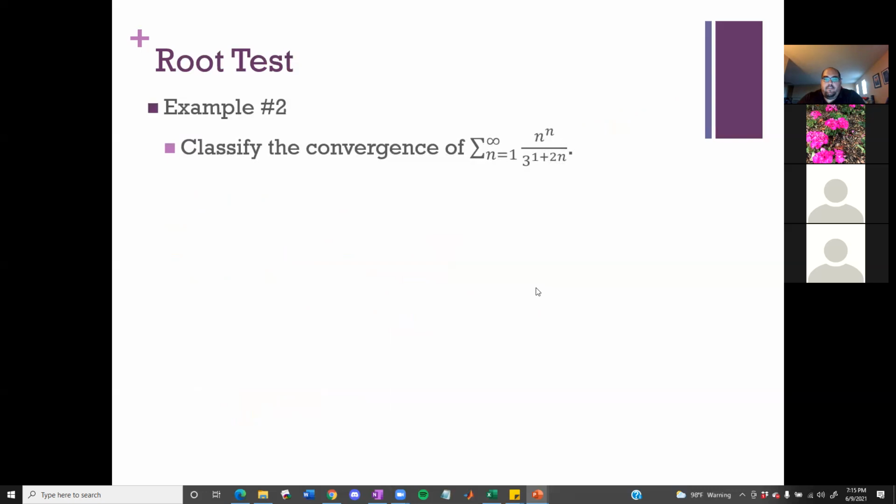All right, how about this one here? Let's go ahead and set this up using the root test again. I'm going to ignore the absolute values because everything is going to be positive valued again.